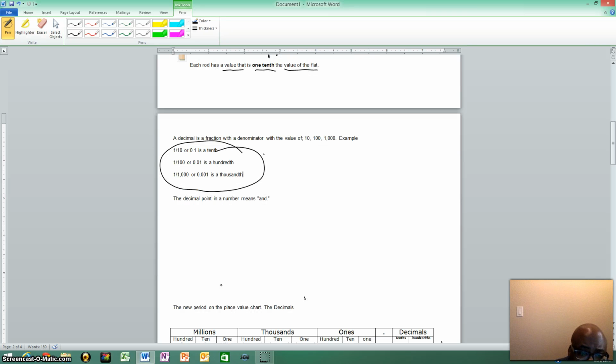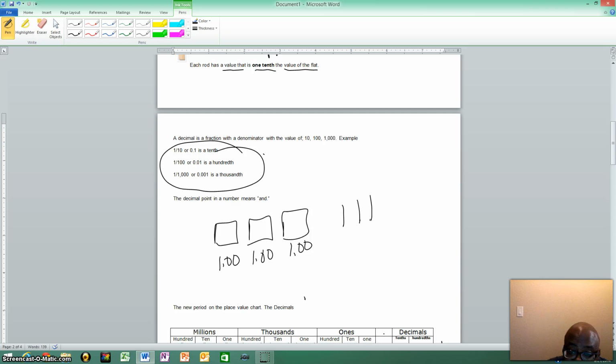Because, just say for example that we have these flats. And you remember that each one of these flats has a value of one whole, right? And then we have some rods. Each one of those rods has a value of 0.1. Well, if we add those together, we have 3 wholes.